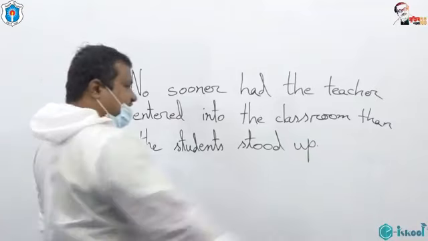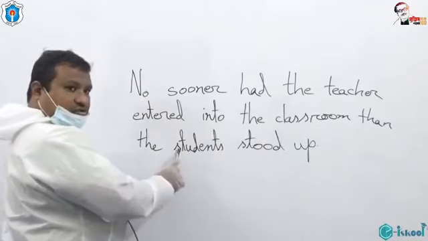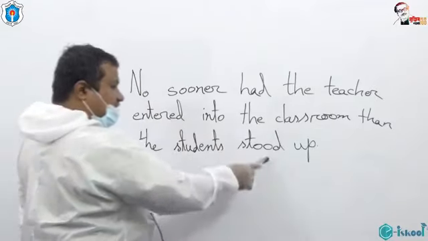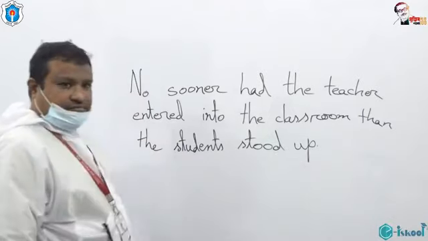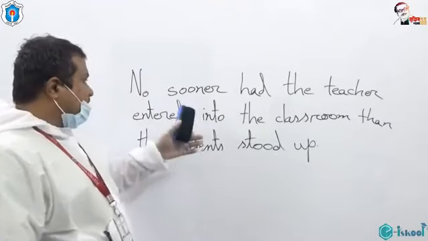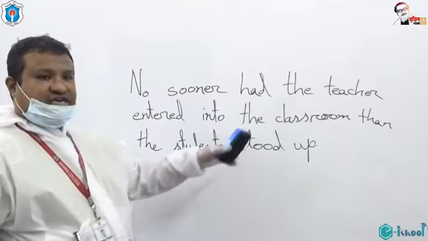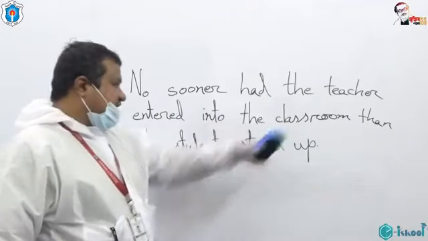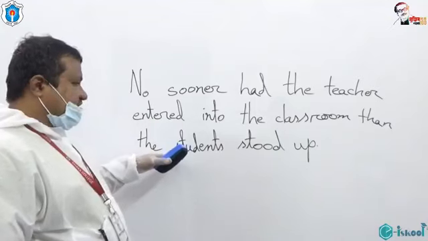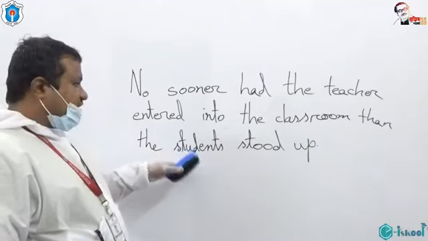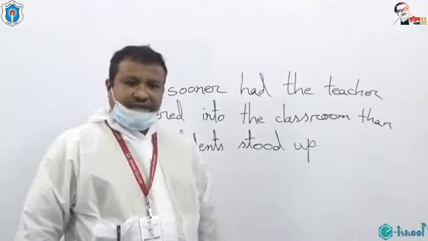Then after this than, we are using the students stood up. So no sooner had the teacher entered into the classroom than the students stood up. After this than, we are using the second subject, and then we are using a past tense.